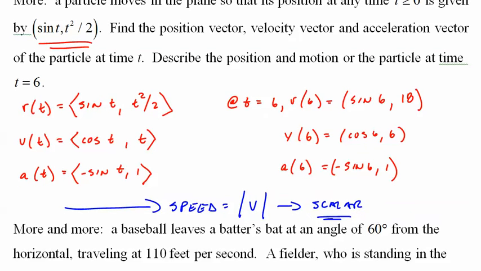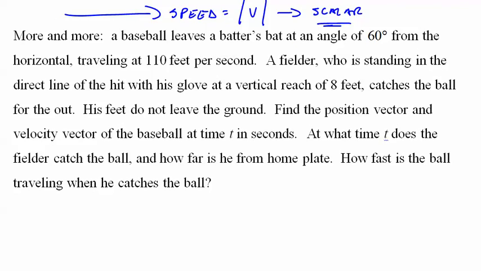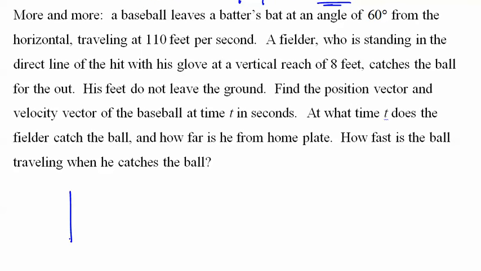More problems. A baseball leaves a batter's bat at an angle of 60 degrees at 110 feet per second. And I've noticed these problems always have units that you have to really watch out for.